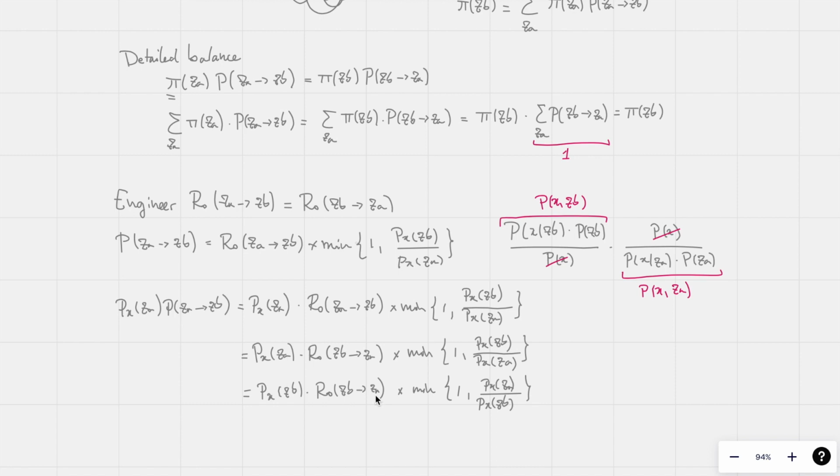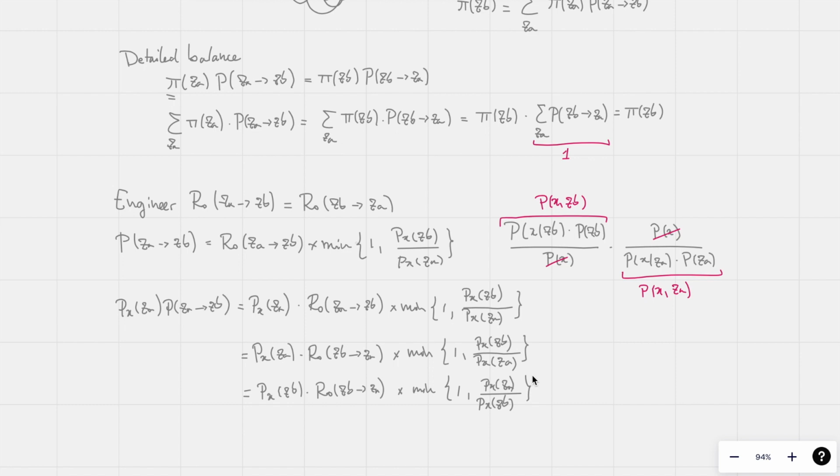In this case, because P(x, Zb) is greater than P(x, Za), then this ratio here is less than 1. So this is equal to P(x, Za) divided by P(x, Zb). But when you multiply this by P(x, Zb), you again get P(x, Za). So in the case that P(x, Zb) is greater than P(x, Za), both lines here are equal.